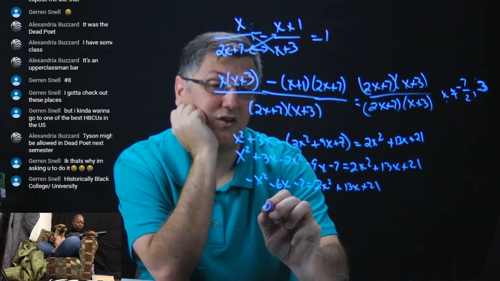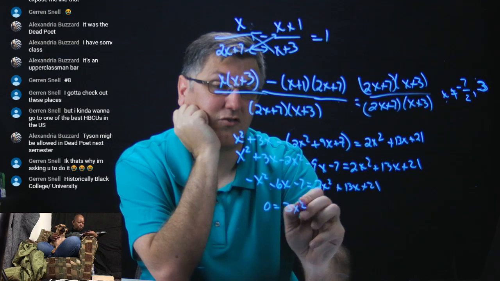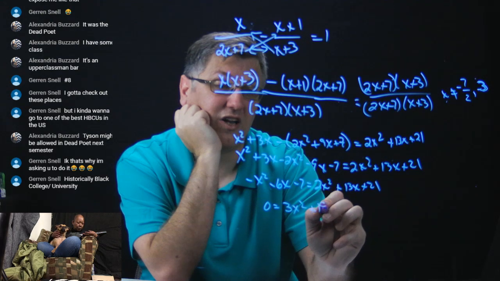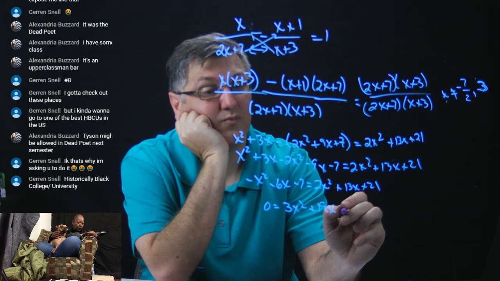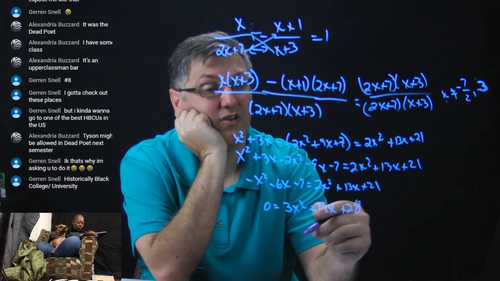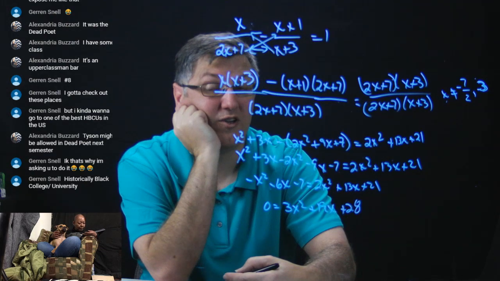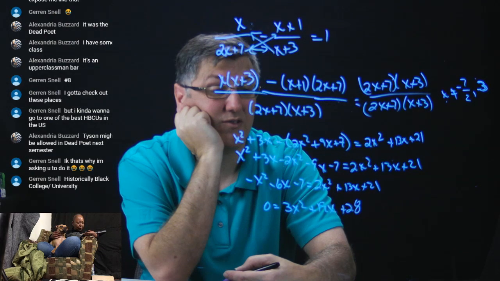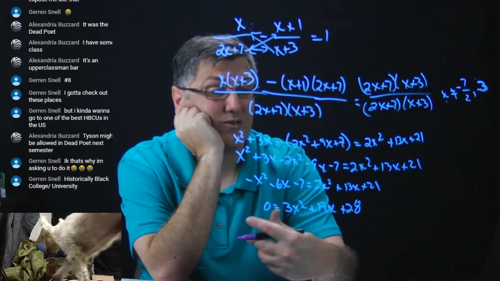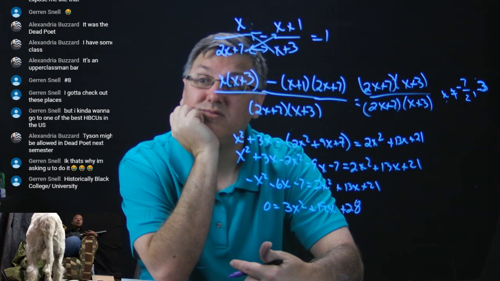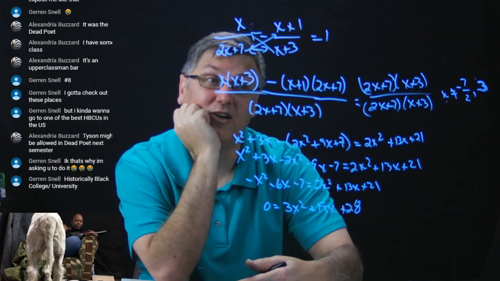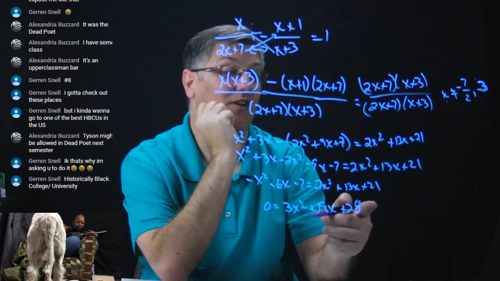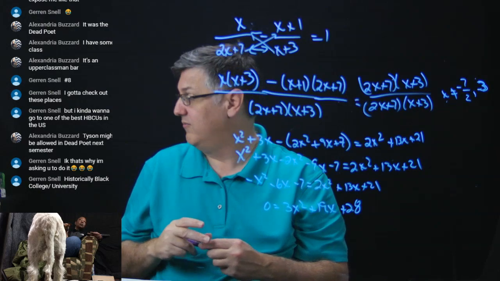I'm going to get 0 equals 3x squared plus 19x plus 28. And then from there, I think you can finish it out. Just factor it if it factors. Yeah, you can finish it from there. That's the hard part. All the hard part's done. Now it's down to a quadratic, and you can just solve it.